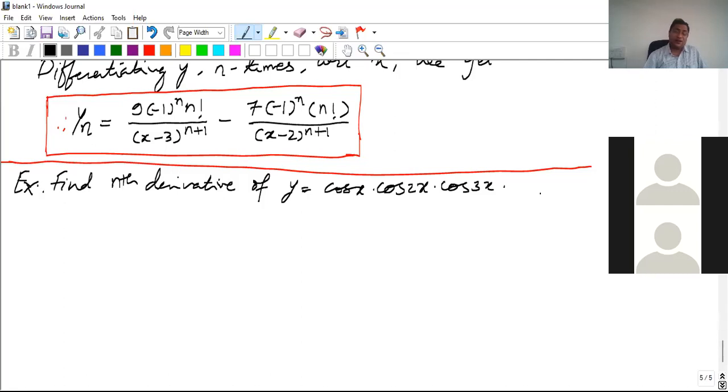So whenever you have any function like this, what we have to do is express this product into a sum or difference. Then we'll get one term, so we can apply the formula. So let us try to simplify this function.